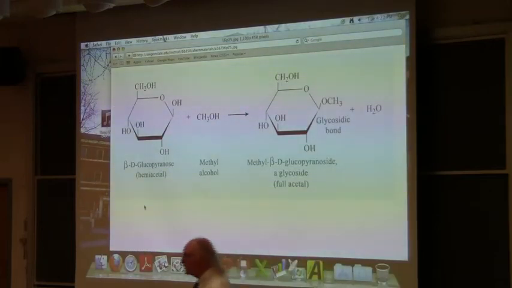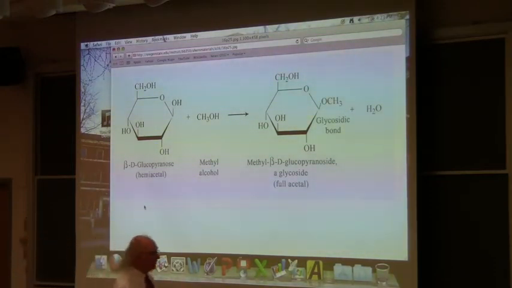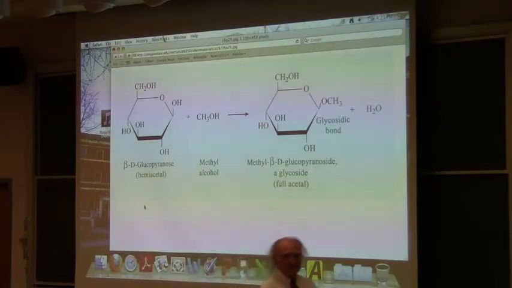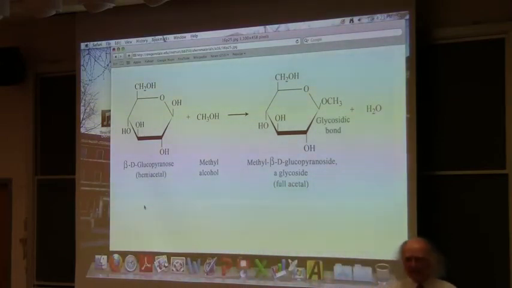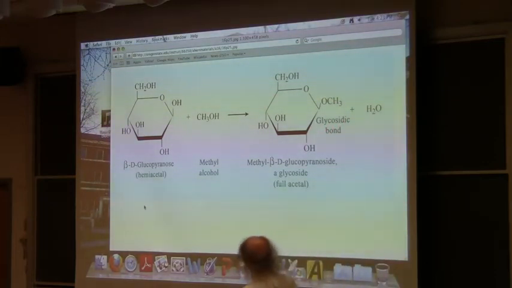You probably also have heard the term glycosides. Glycosides are sugars that have been altered at their anomeric carbon. You can see this anomeric carbon had an OH. This H has been replaced with a methyl group, and that creates what we call a glycosidic bond.